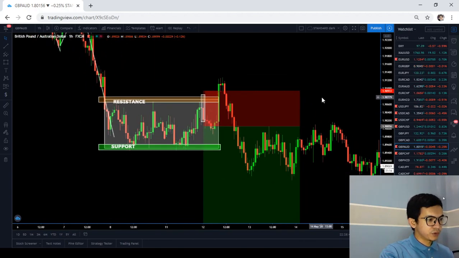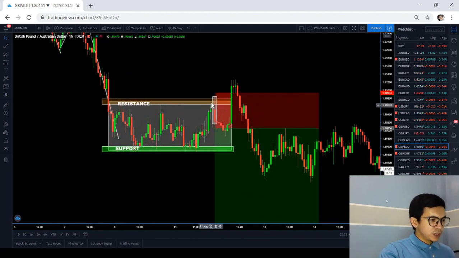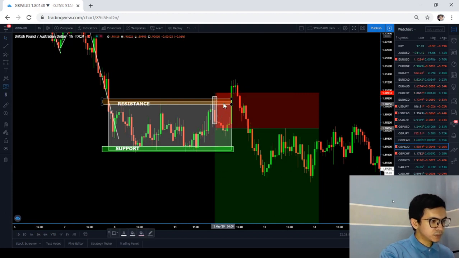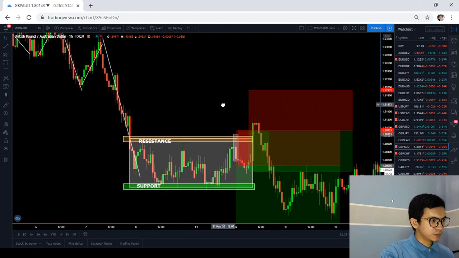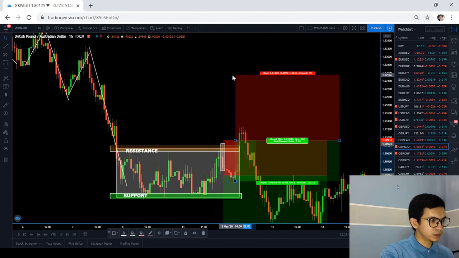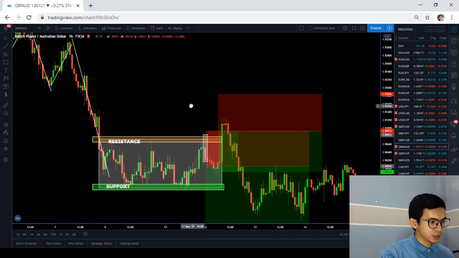The lesson is for a better entry. So, naisip ko, if this setup, normally people will put stop loss above. Why not I put a pending order or sell limit here and stop loss above the next structure, above nito, or even higher, diba? For a better entry.